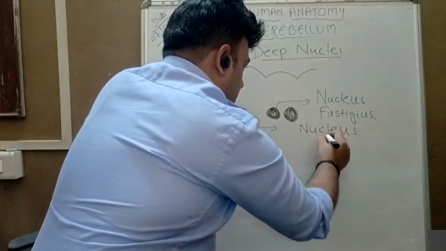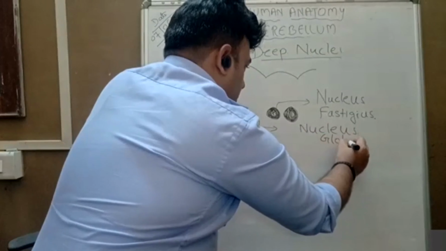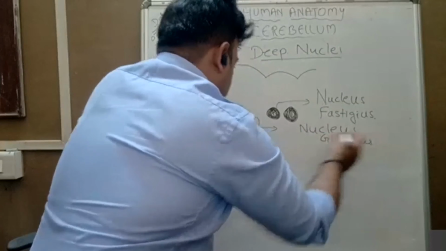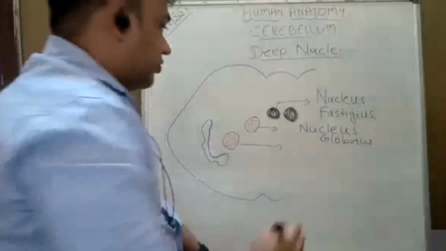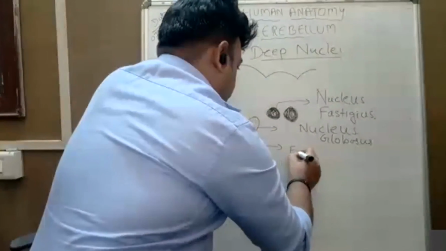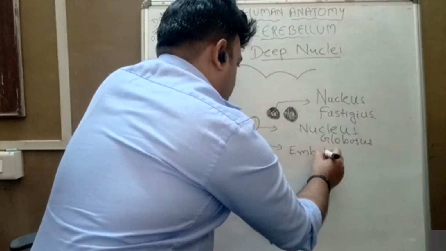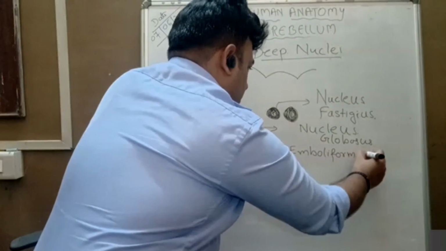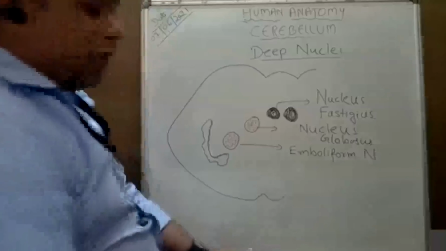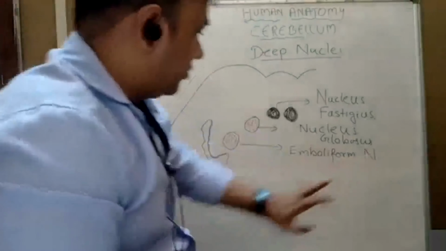Nucleus globosus and this was emboliform nucleus. Emboliform nucleus and which nucleus? Okay.